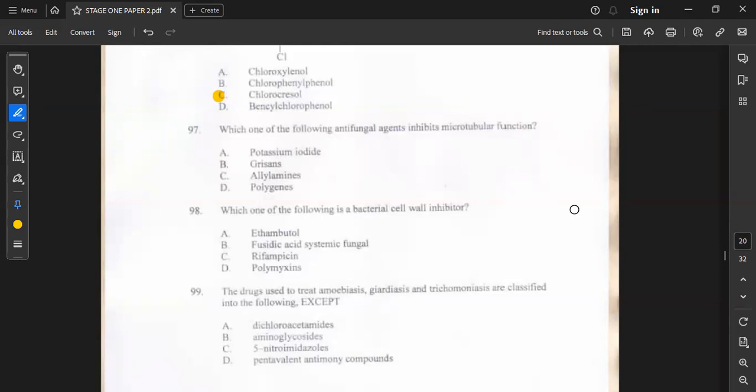I was also thinking the same. Anyone of a different opinion? So I think for 97, we can go with B.